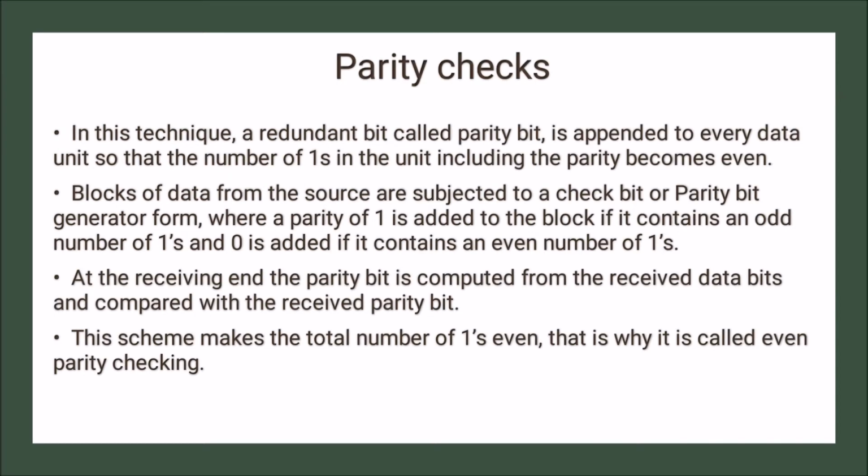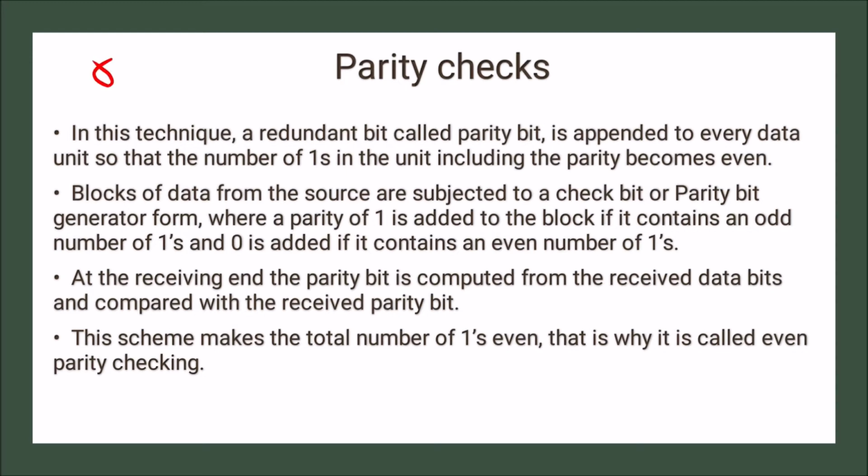In the parity check method, a redundant bit called a parity bit is appended. The extra bit, called the parity bit, is added to every data unit so that the number of ones in the unit, including the parity, becomes even. Let us understand this by example.